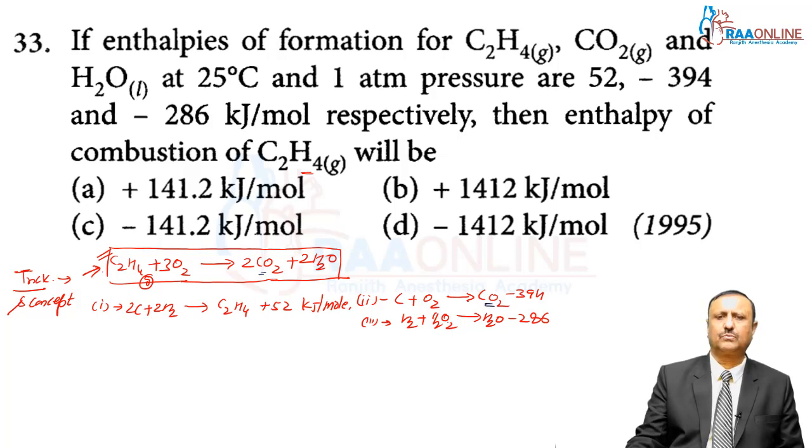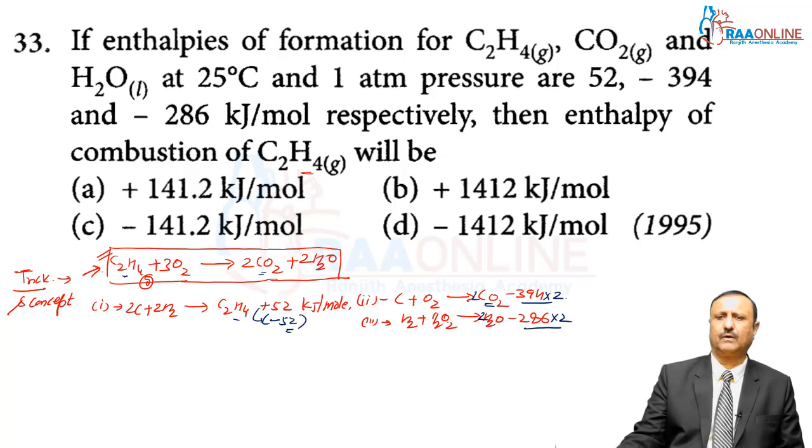Here you get 2CO2, so you multiply this heat by 2. Here you have 2H2, so this heat is also multiplied by 2. So you get 2CO2 and 2H2O. Here, my dear students, this C2H4 is on the reactant side, but it is on the product side in the formation reaction. So this reaction is reversed, so plus is converted to minus 52 kilojoule.